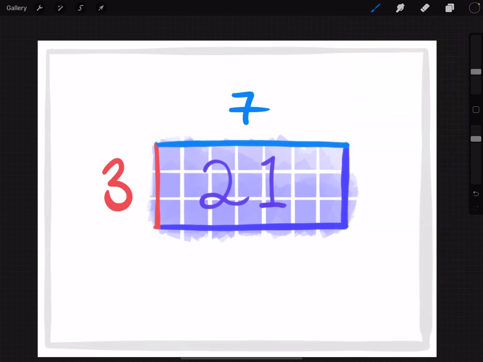It's some sort of interesting grid system. There's 1, 2, 3 over here, and 1, 2, 3, 4, 5, 6, 7 over here. And there's 1, 2, 3, 4, 5, 6, 7, 8, 9, 10, 11, 12, 13, 14, 15, 16, 17, 18, 19, 20, 21 right there. Oh, how intriguing. I hope that was to you.